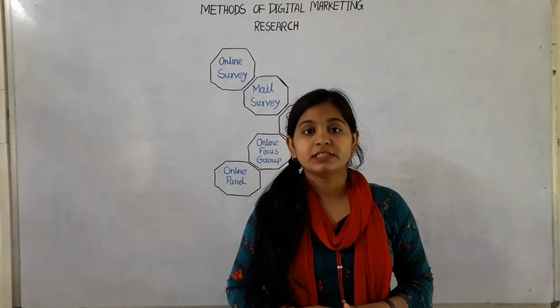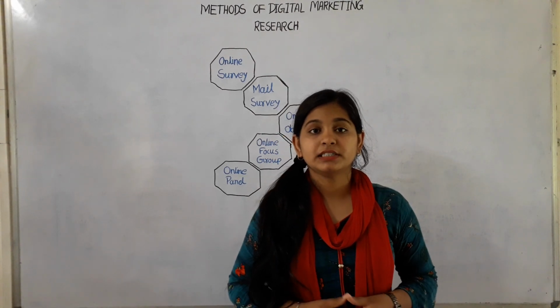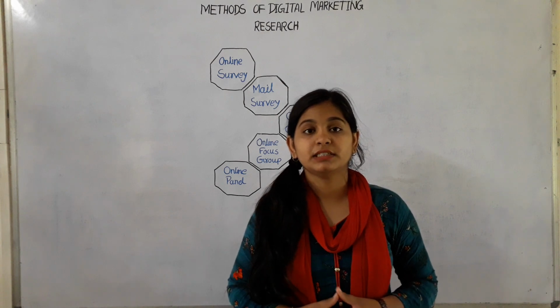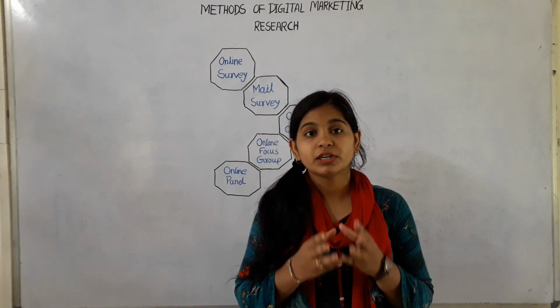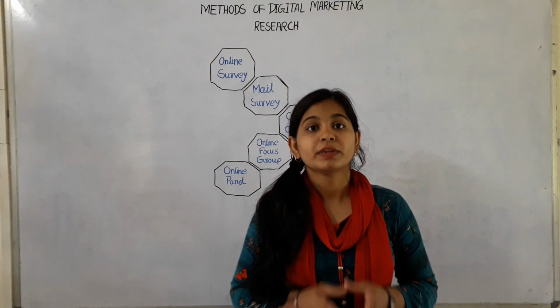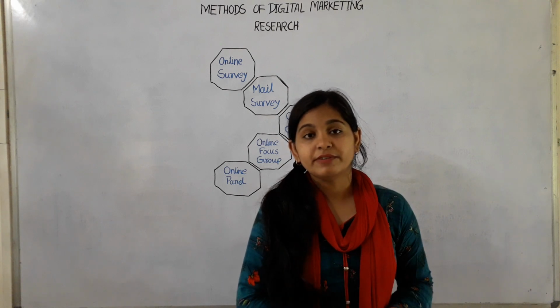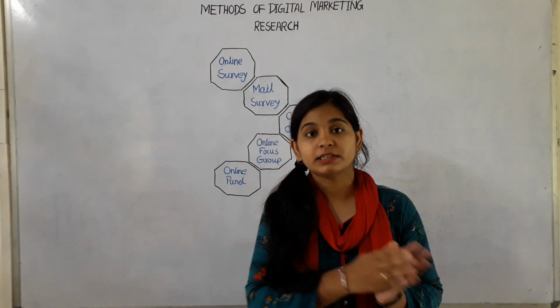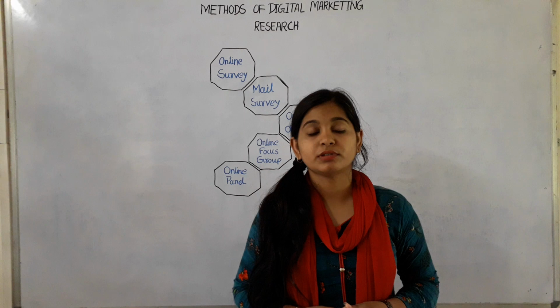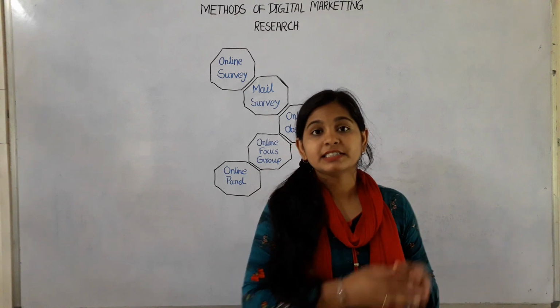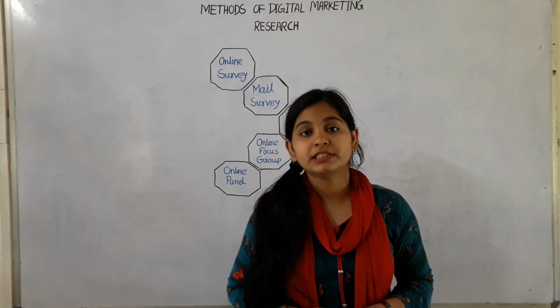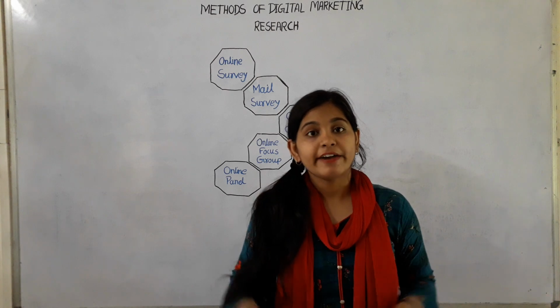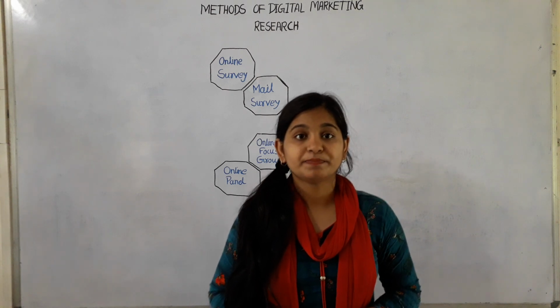Any type of research, whether it is digital marketing research or plain marketing research, information plays a vital role, because the information used in the research procedure defines the solution, the interpretation and everything about the research.